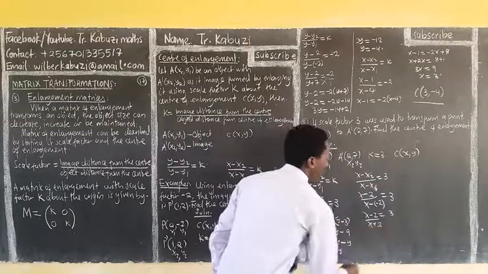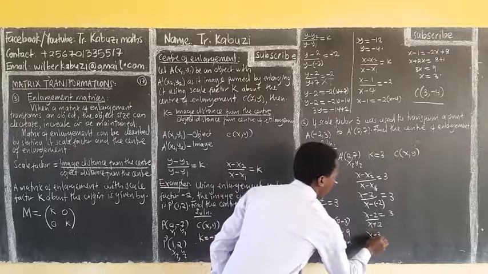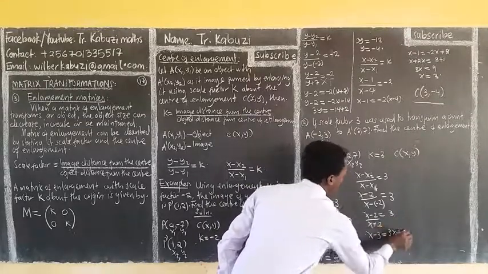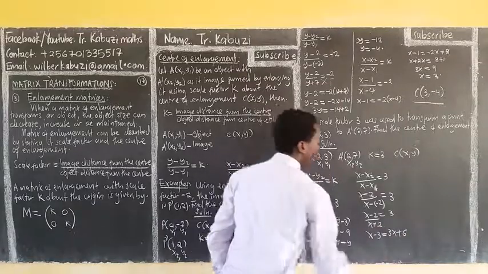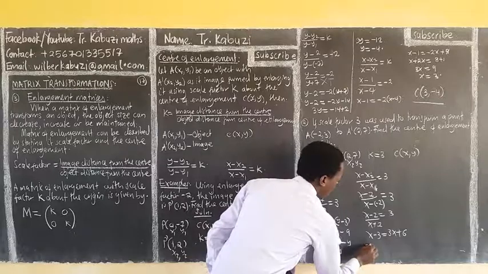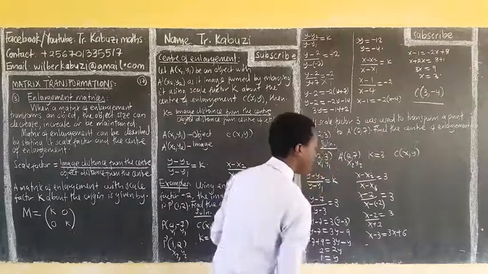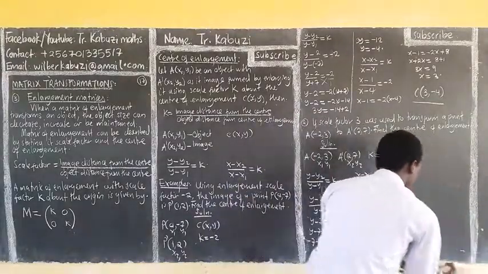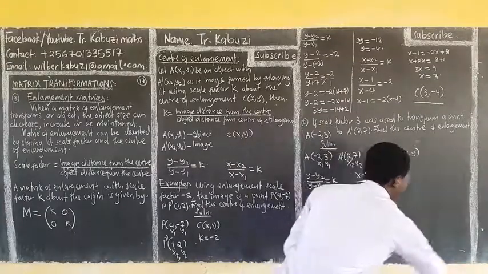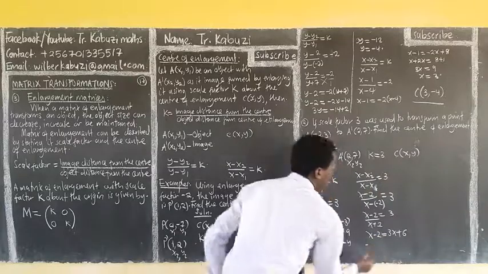So when I cross multiply, I have x minus 2 equal to 3x plus 6. So when I bring this side, I'll be having now it's negative 2.